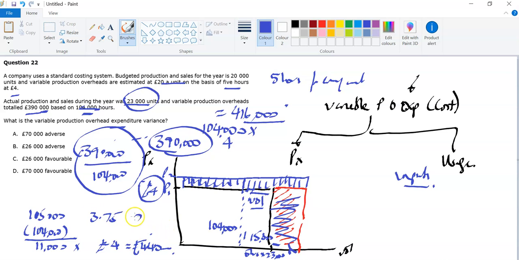So you actually spent 25p less than planned, right? Because the initial plan was to spend £4 an hour. So you spend 25p less, and therefore you spend 25p less on 104,000 hours, which is exactly the same thing. 25p times 104,000 hours.